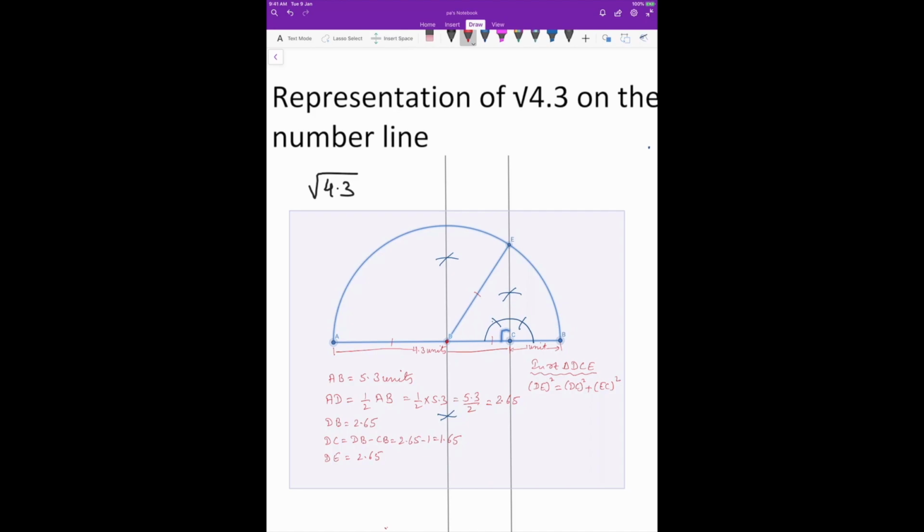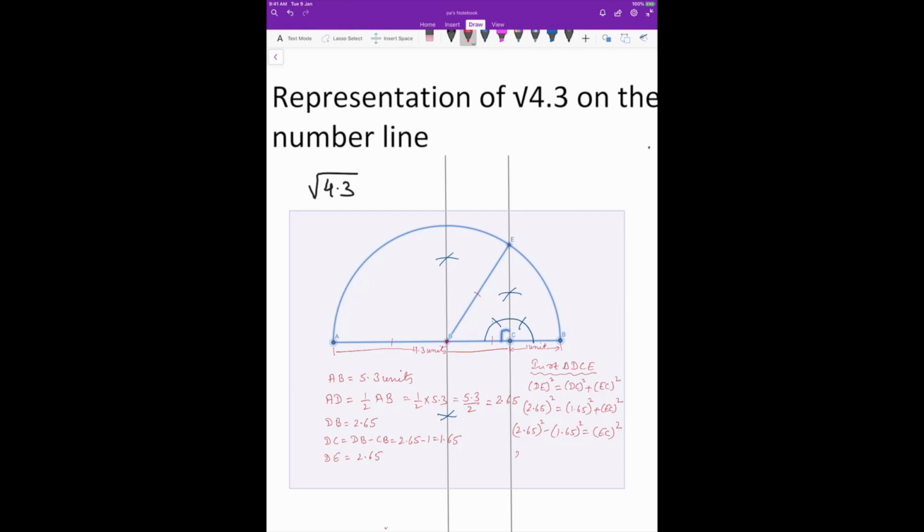DE is 2.65, equal to DC, which is 1.65, whole square, plus EC whole square. Now 2.65 whole square minus 1.65 whole square is equal to EC square.